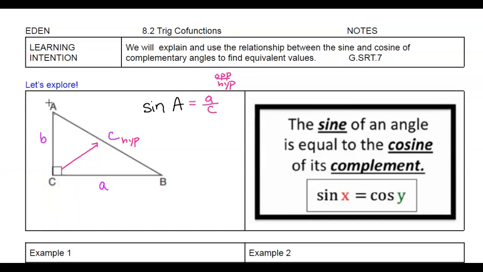Let's say I want to set up the cosine of B. Remember, cosine is adjacent over hypotenuse.